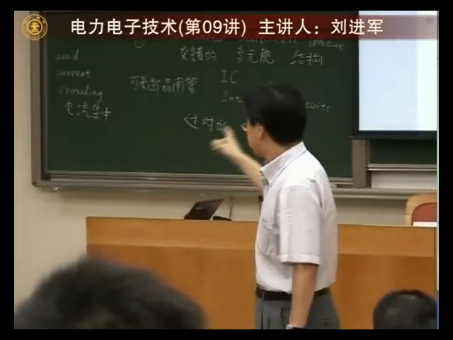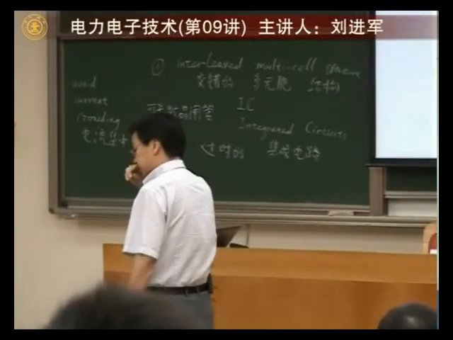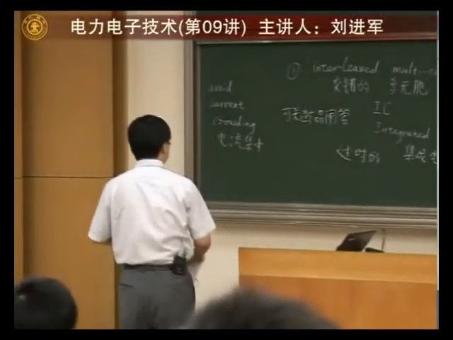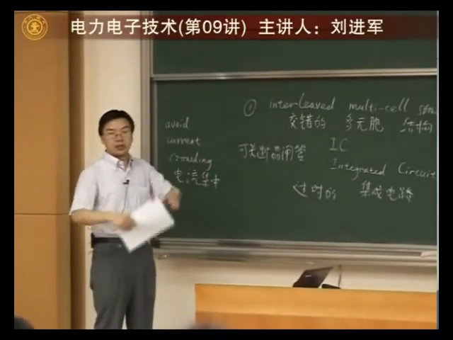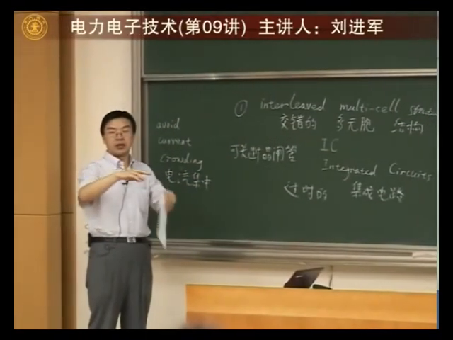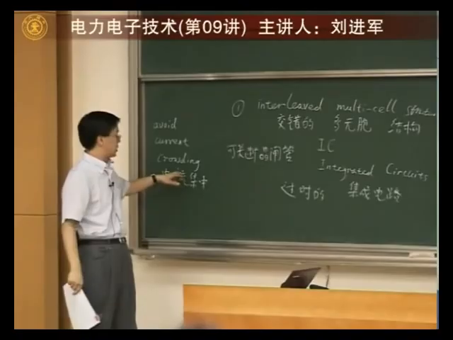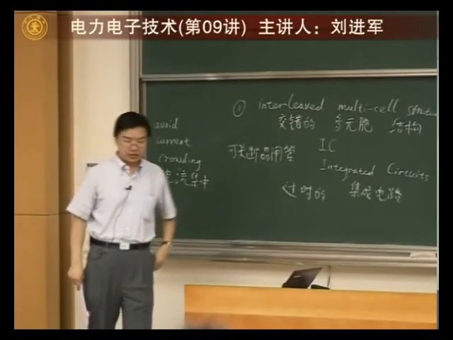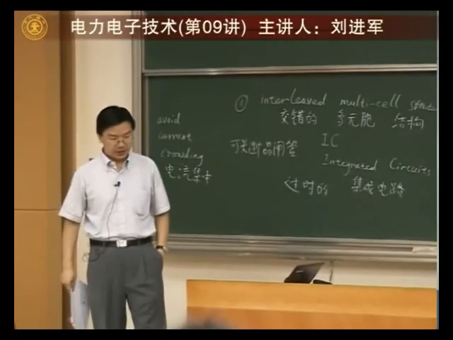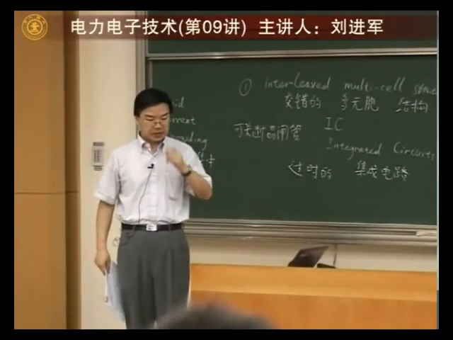And this multi-cell structure helps to distribute the total current evenly in a larger area, and avoid current crowding. That is very good for the device. So that's the first difference.